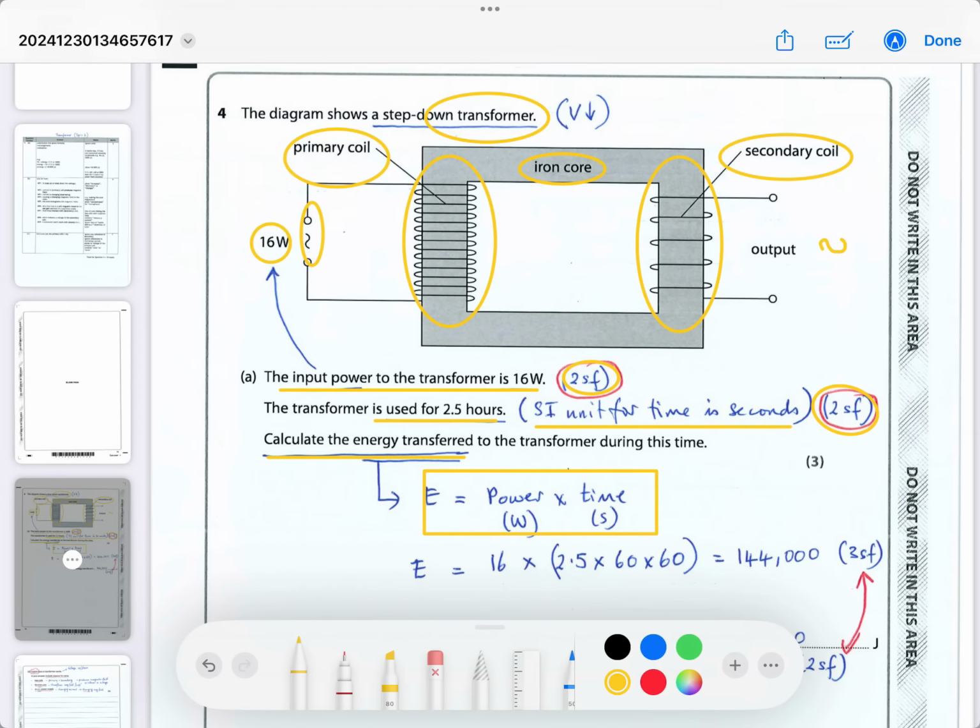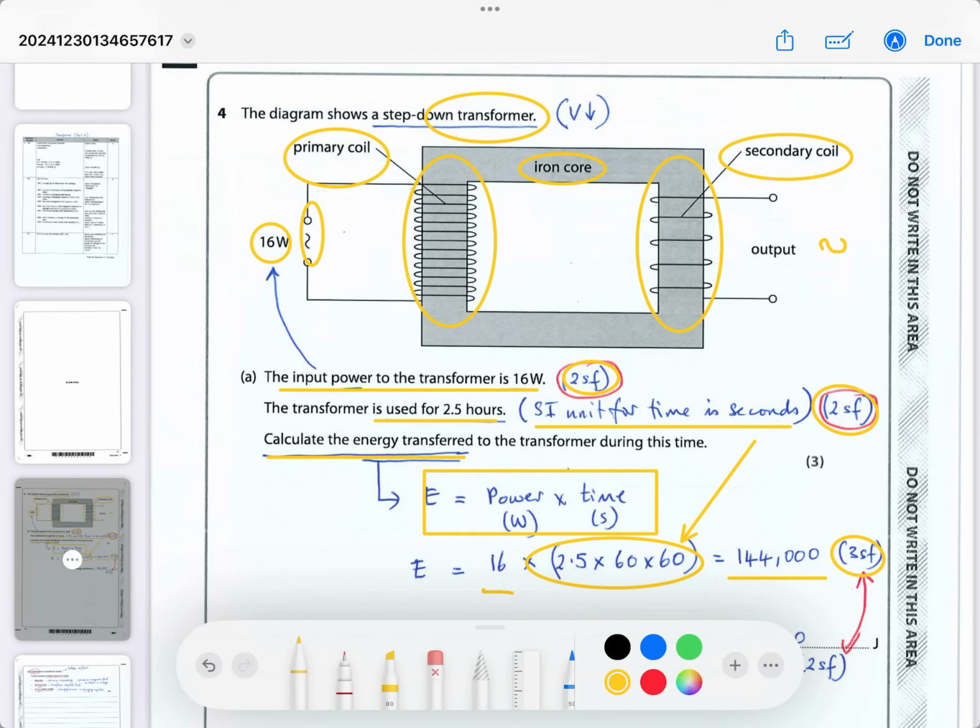You've got to change the time in hours into seconds, so that's multiplying by 60 to get into minutes, and you also need to multiply by 60 to get it back into seconds. So that's how you get it into seconds, multiplied by the power which was given to us as 16 watts, and you'll get to 3 significant figures, a value of 144,000. Now that's to 3 significant figures.